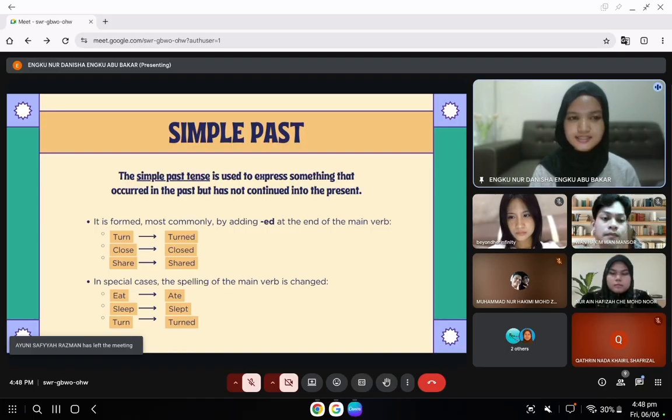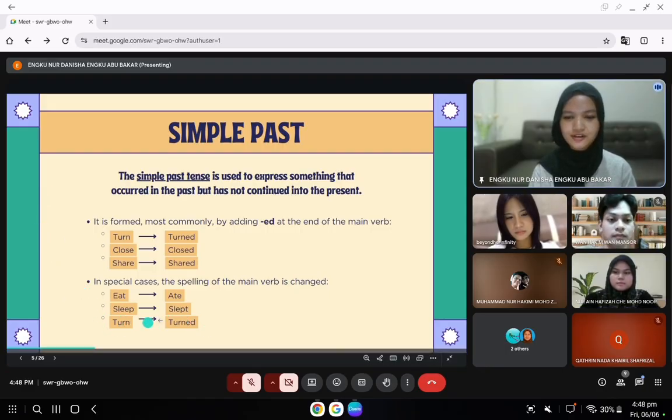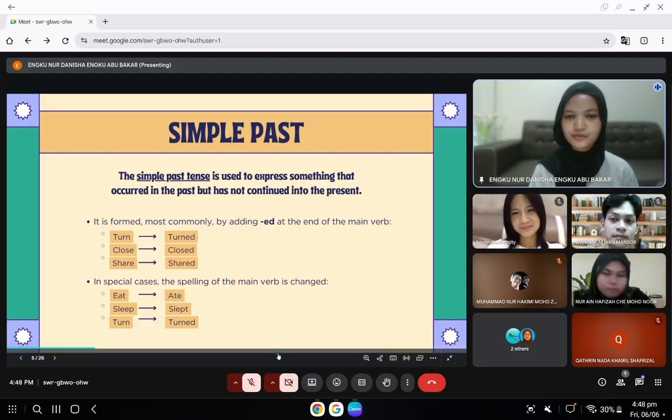And the word sleep, the simple past form of it is slept. Do you get it? Yes. The last example is wrong, so just ignore it. Okay, so moving on.